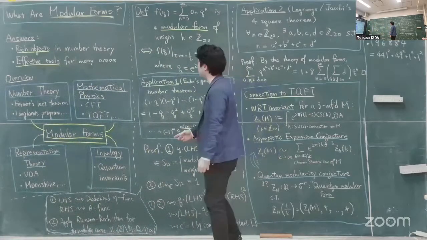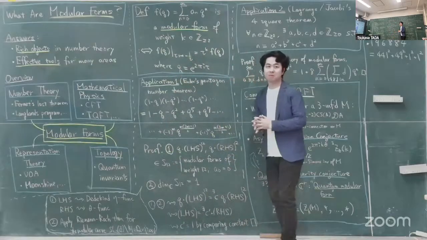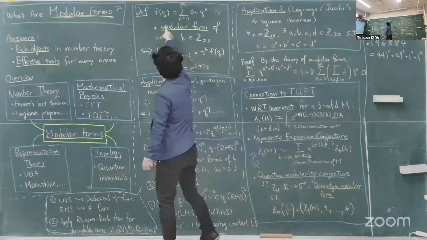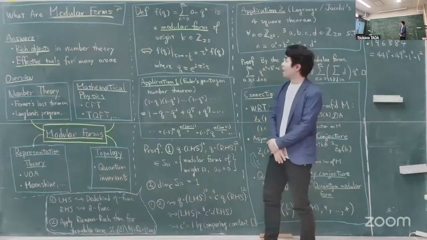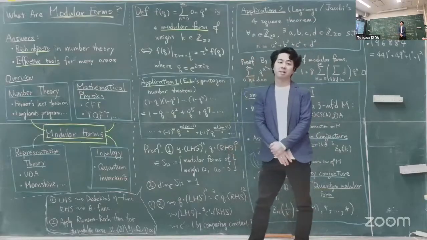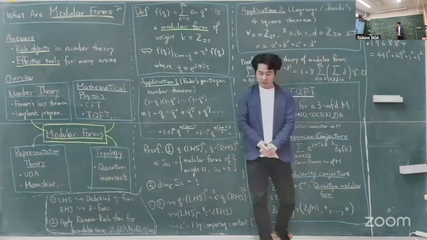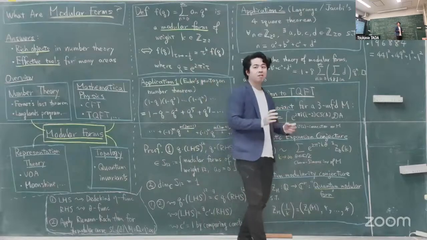Okay, so let's discuss the definition of modular forms. A power series f(q) in q is a modular form of weight k, where k is a non-negative integer, if f(q) has the following kind of symmetry.